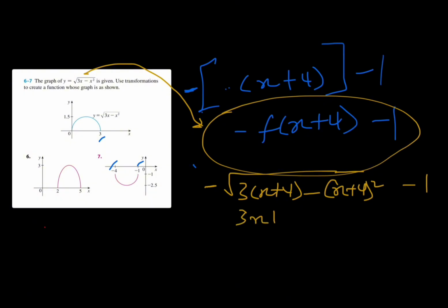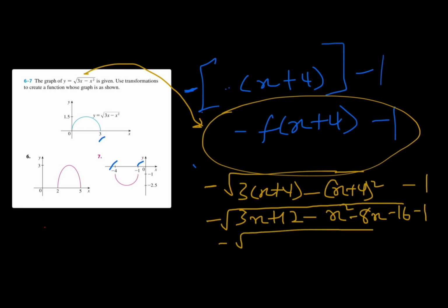This will be 3x plus 12 minus x squared minus 8x minus 16, minus 1. This is in a square root sign. The 1 is not in the square root. Negative of this is square root of negative x squared minus 5x minus 4, minus 1. And this becomes this.